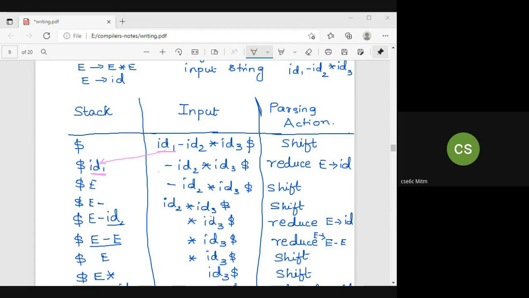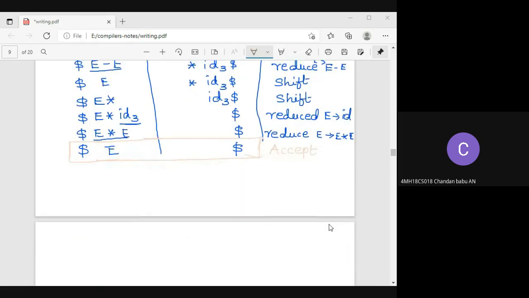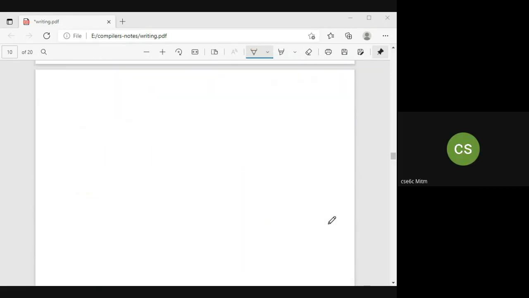Which parser, Chandan? Ma'am, SRP. What is SRP? Shift reduce parsing. Okay, fine.